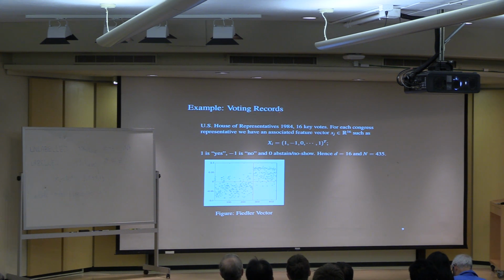This is the voting records example from the US House of Representatives in 1984. There were 16 key votes which characterize each individual, and these are the x_j, so it should be lowercase x. So those are sequences of 1s, -1s, and 0s, indicating voting yes, no, or abstaining.